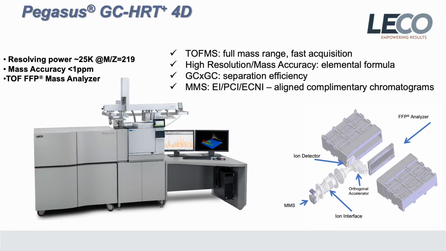For almost all the examples I'm going to show you today, we used the final version of the LECO instrument, which is represented here on this slide. And the most important features I am going to demonstrate are efficiency of high resolution and high mass accuracy, a GC×GC tool, and complementary ionization tools for each analysis.